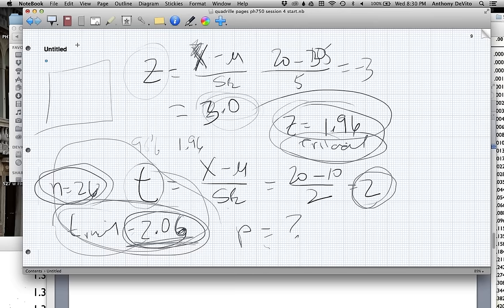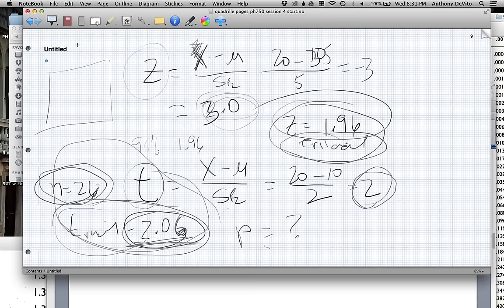When we're using the t-test, instead of 1.96, for the sample size of 26 it's now 2.06 on both sides. So if you're inside of 2.06 standard errors, you can't say it's different from the mean. But if you're outside of the 2.06, then you could reject the null hypothesis.